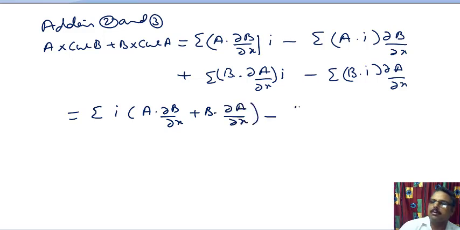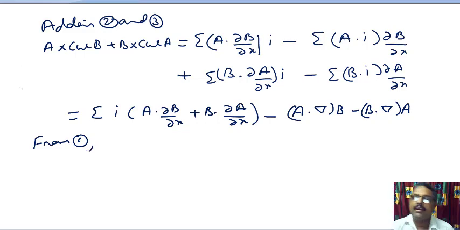Now, if you observe, A dot sigma i ∂B/∂x is already discussed in our previous result, del B. Here B dot sigma i ∂A/∂x is del A. Now, from 1, what is the right hand side of equation 1?